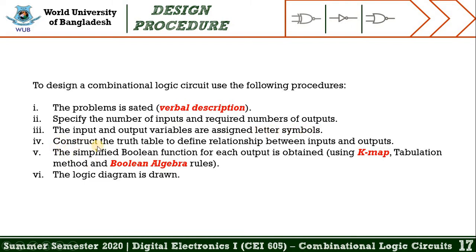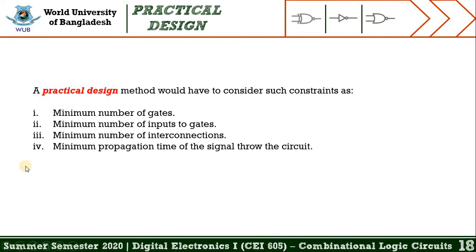Fourth, construct the truth table to define the relationship between inputs and outputs. Next, the simplified Boolean function for each output is obtained using K-map, tabulation method, and Boolean algebra rules. And last, the logic diagram is drawn.